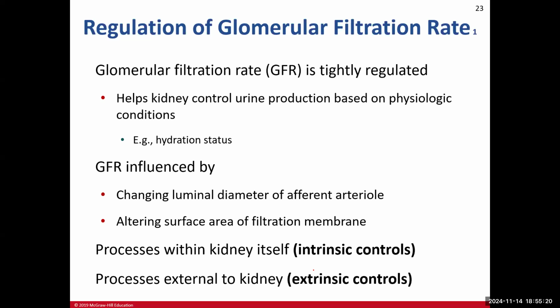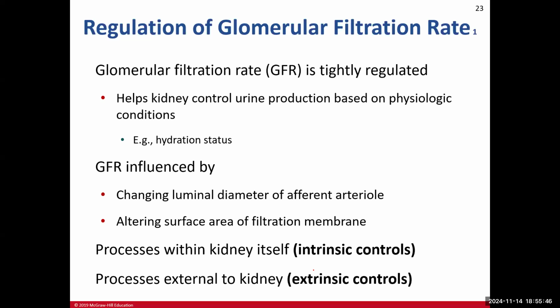But your kidneys are still going to try to maintain the glomerular filtration rate at a specific level. And because certain conditions can be occurring in your body, we might have to alter urine production, for example.